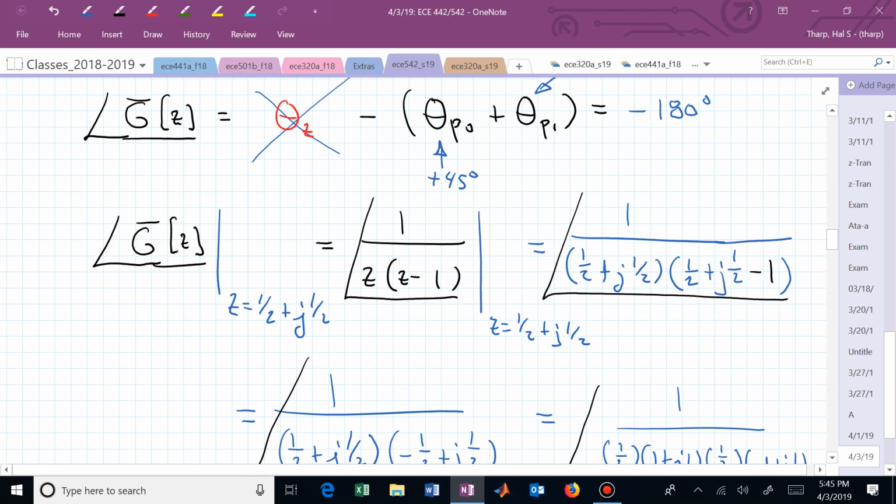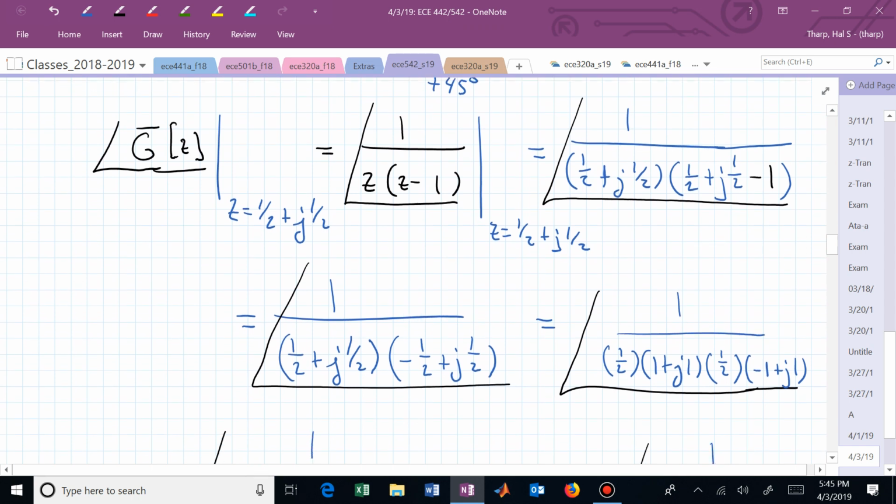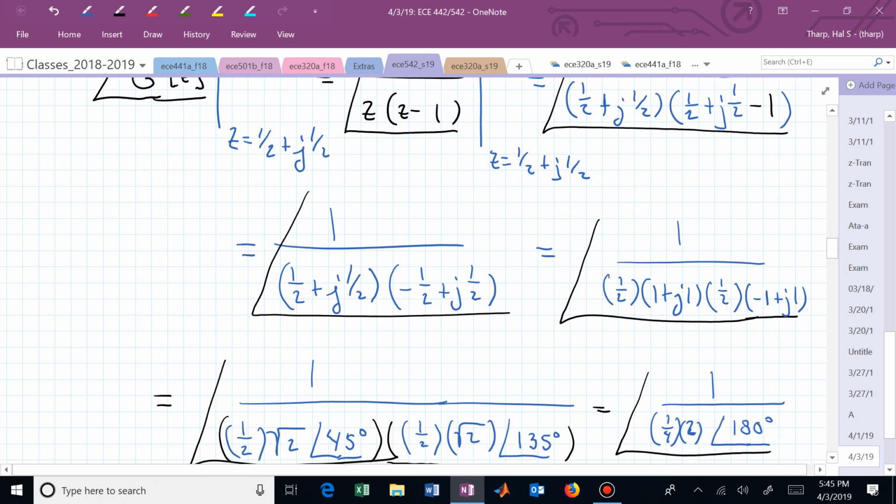We have 1/2 plus j 1/2. We have 1/2 plus j 1/2 minus 1. And if you wanted to, you could factor out the 1/2. And now that makes it look a little bit cleaner in terms of angle. You have up 1 and over 1, that's an angle of 45.